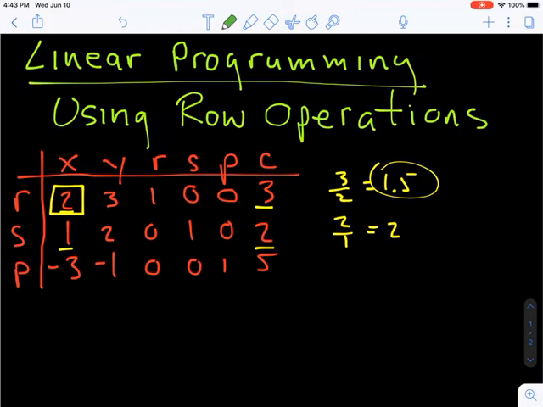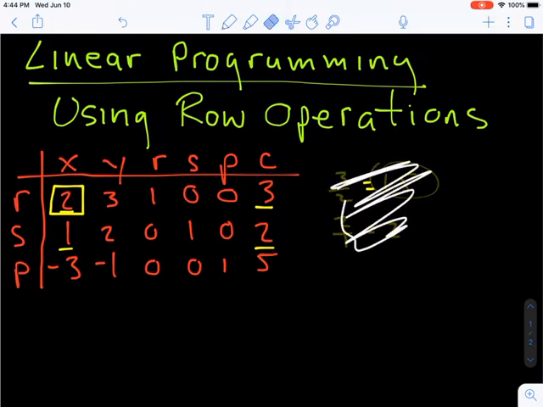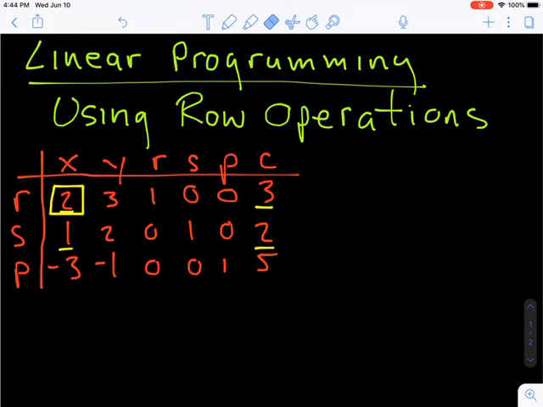So we do not need to do that. We're going to keep the 2 as a 2. And so that means that we just have to think about the row operations a little bit differently. So let me get rid of this. And let's look at what our row operations are going to be.